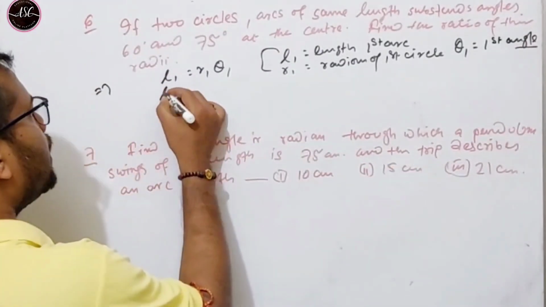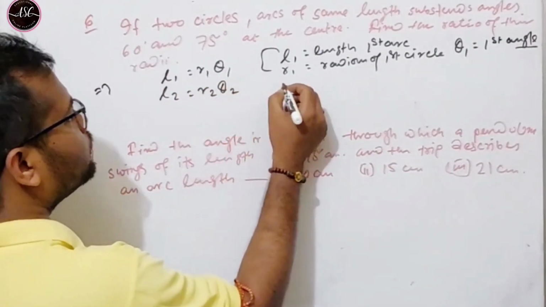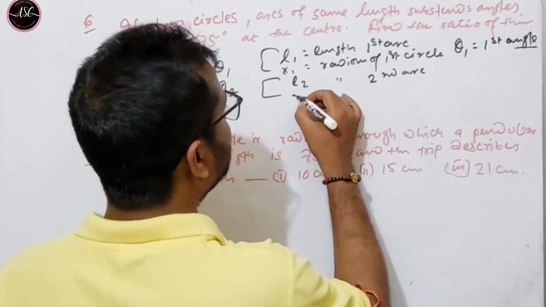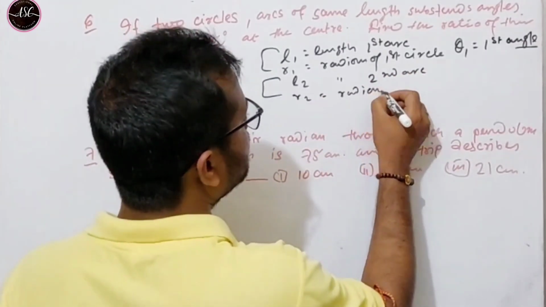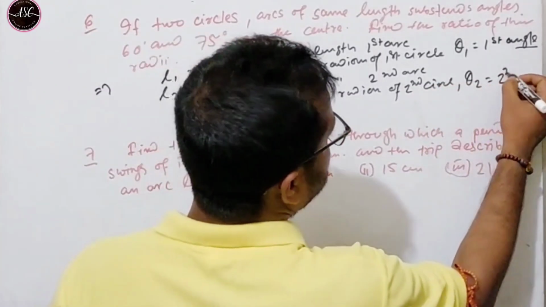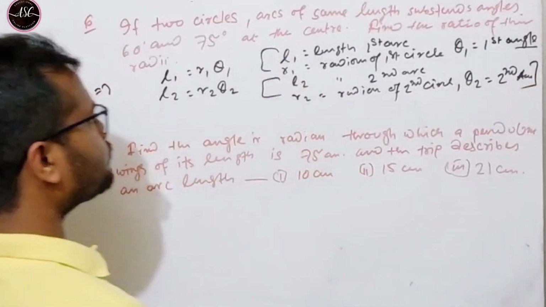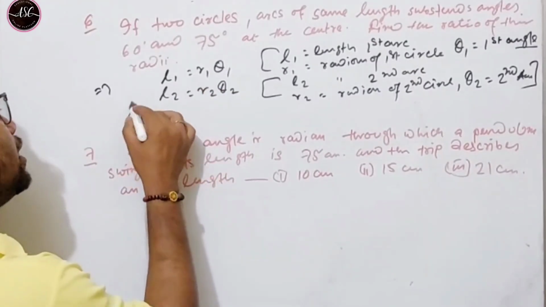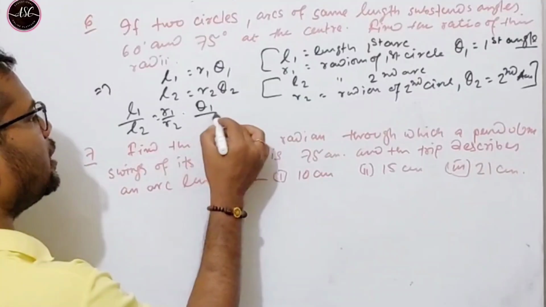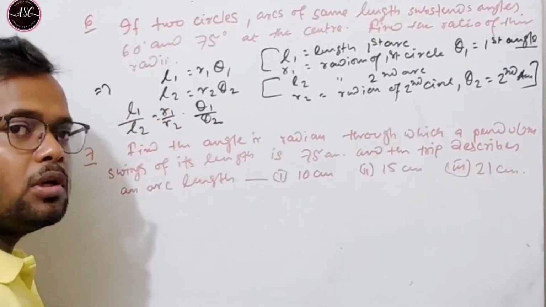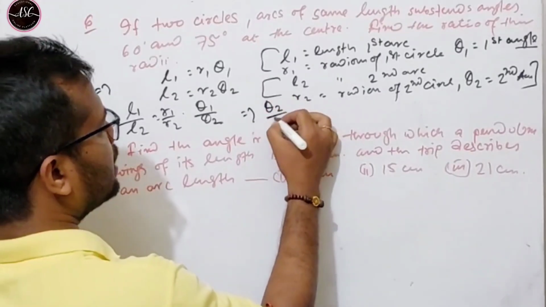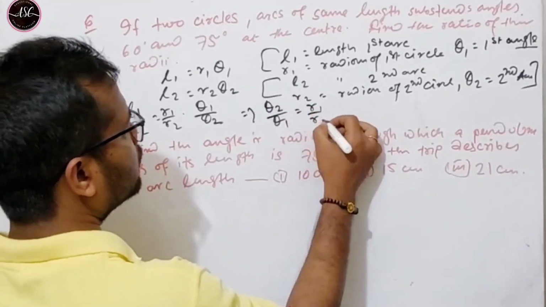And L2 equal to R2 theta 2, L2 equal to length of second arc, R2 equal to radius of second circle, theta 2 second angle. By dividing these we get L1 by L2 is equal to R1 by R2 dot theta 1 by theta 2. As L1 L2 is same, so we get theta 2 by theta 1 equal to R1 by R2.